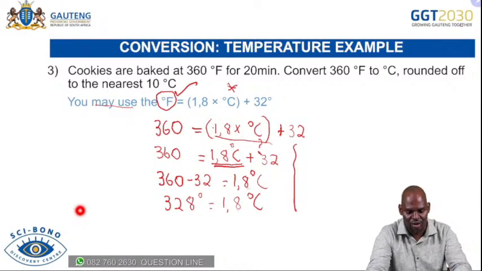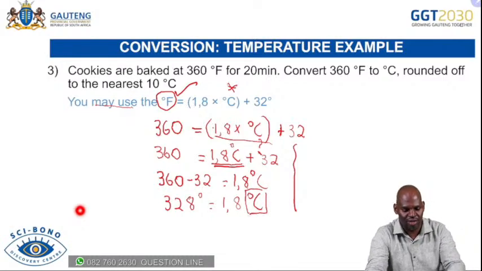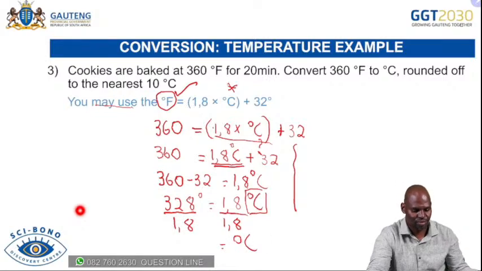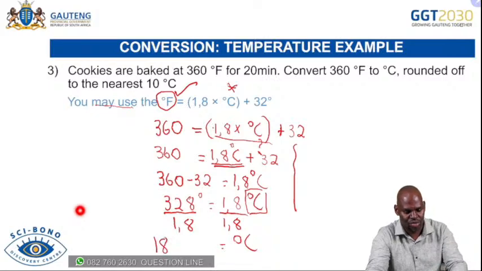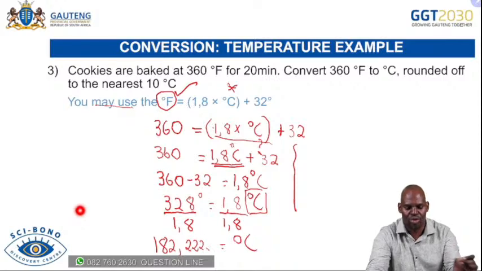Then we're looking for the value of degrees Celsius, so we get rid of that by dividing. The opposite of multiplication is division, like the opposite of addition is minus. We divide by 1.8. Then degrees Celsius equals 328 divided by 1.8, which is 182.2222, and so on.